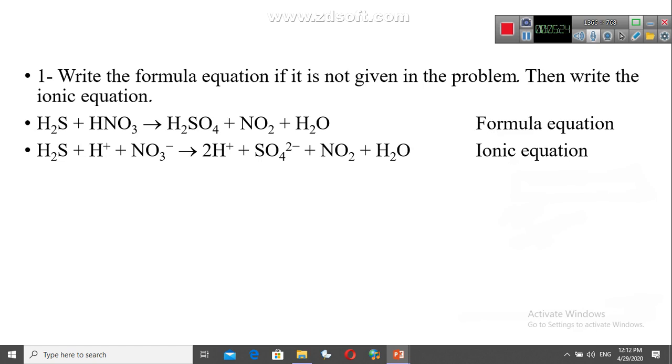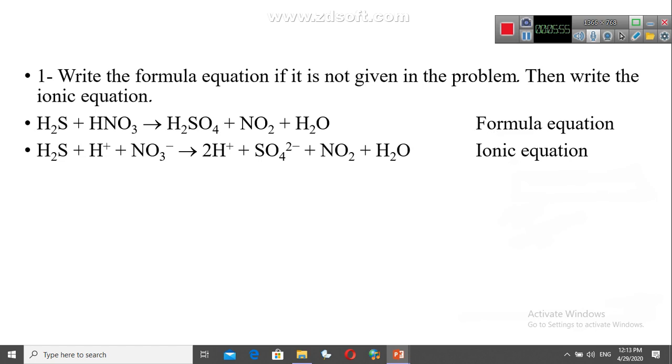Ionic equation. We know that H2S, NO2 and H2O do not convert to ionic form, but nitric acid and sulfuric acid are converted to ionic form.